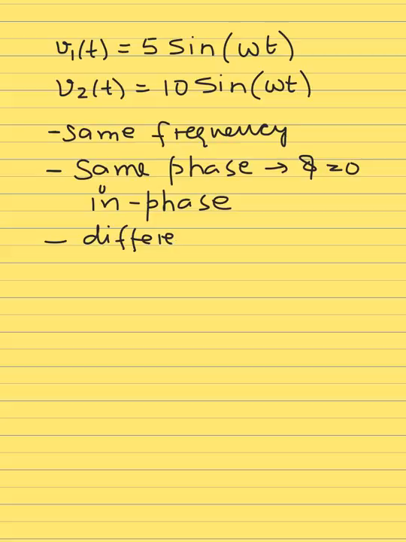One will have the value of 5 as an amplitude at, let's say, theta equals 90 degrees. The other signal will have a value of 10 in its amplitude at the same instant of time. Okay, so that's just comparing two signals, a few things about them.